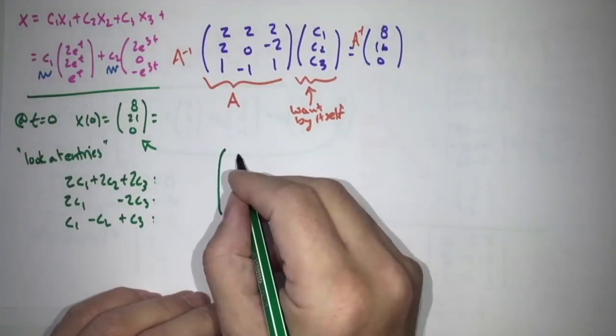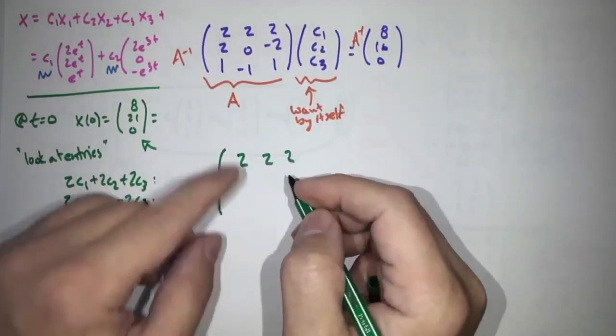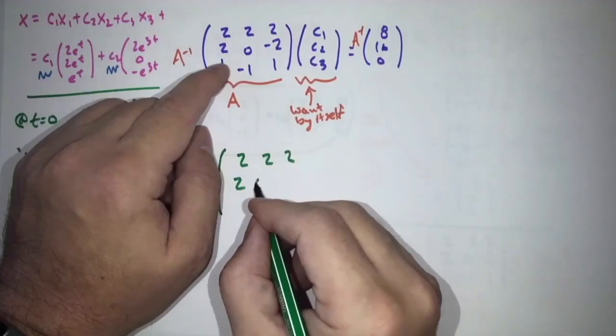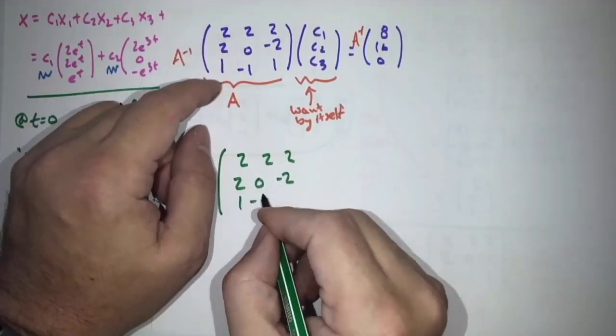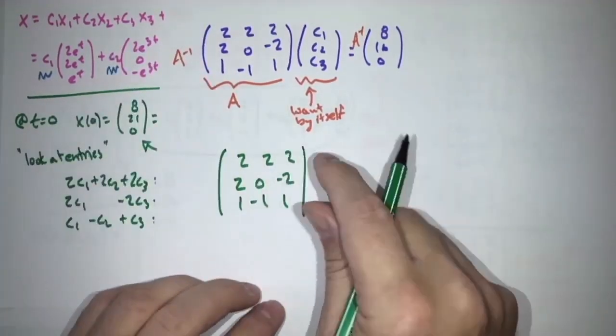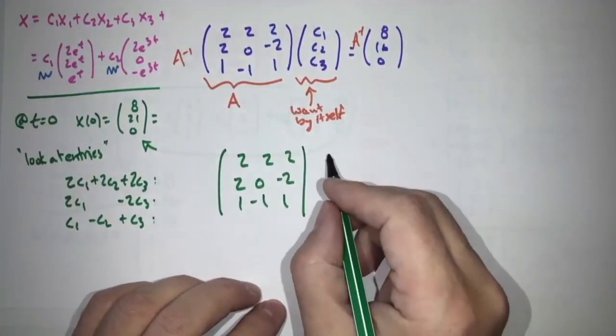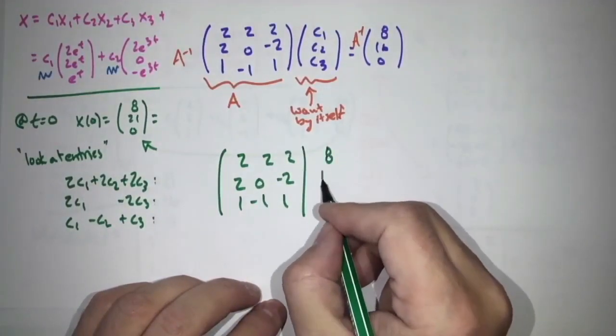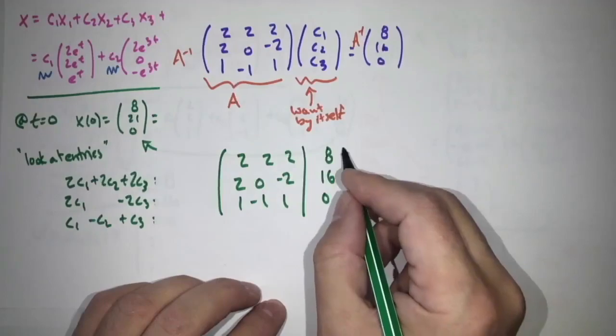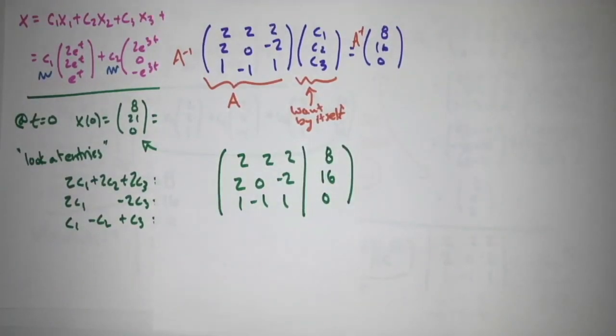So you're going to do something similar. You start by putting your matrix A. And now, instead of putting the identity here, you just say, what do I want to take and multiply the inverse by? So in this case, 8, 16, 0.